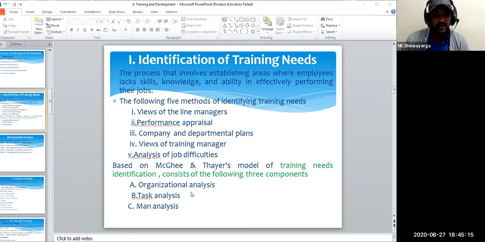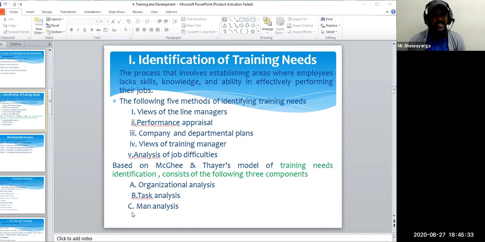Then, based on McGehee and Thayer's model, training needs identification consists of three components: organizational analysis, task analysis, and man analysis.